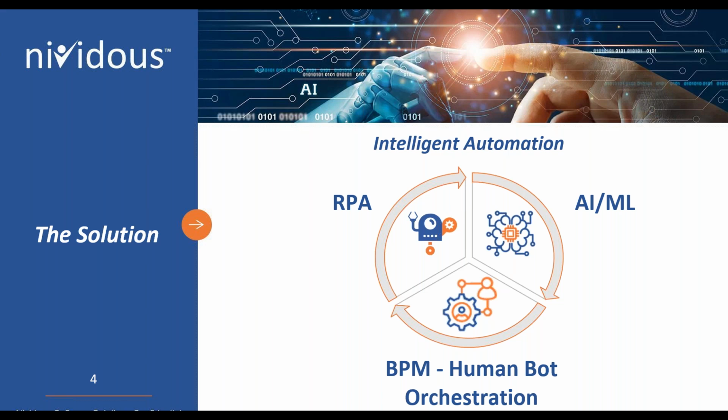But many people who are involved in technology and have heard of RPA think of RPA when they're thinking about automation. But I just want to make it clear here, when we talk about intelligent automation, we're not talking about just RPA. There are a lot of RPA solutions out there, and RPA certainly has its place.